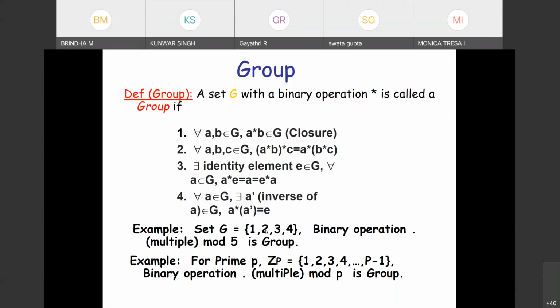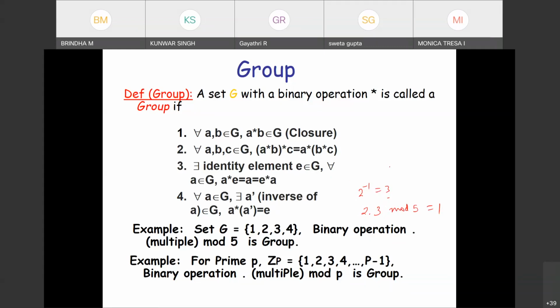For example, the inverse of 2: you have to multiply 2 with an element such that modulo 5 it is 1. So the inverse of 2 is 3.